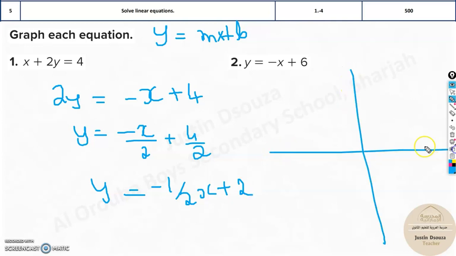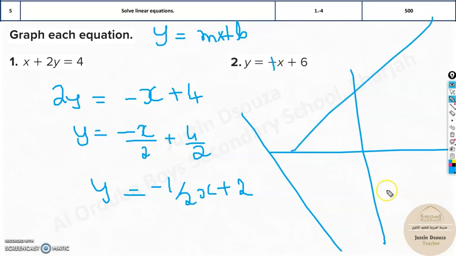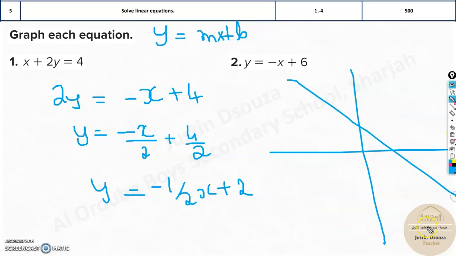So the slope is negative. Now you must remember, whenever the slope is minus, the line goes downwards. If the slope was positive, it goes upwards. Here it's minus half, and plus 2, so the graph will look somewhat like this.